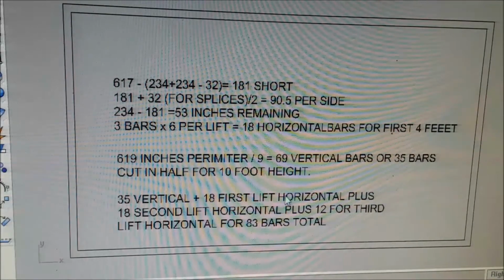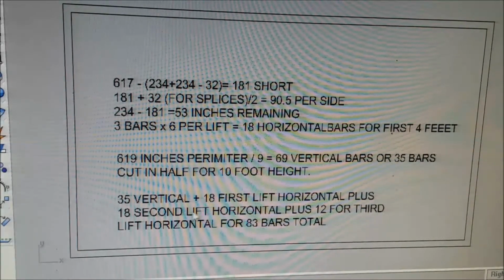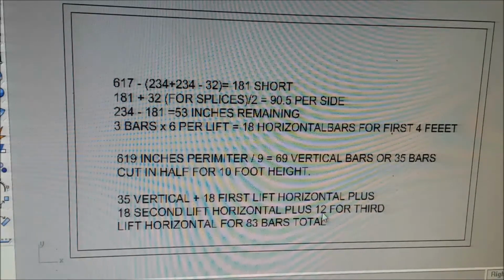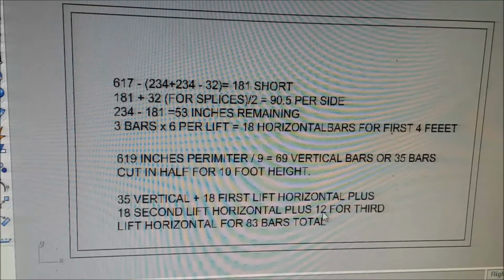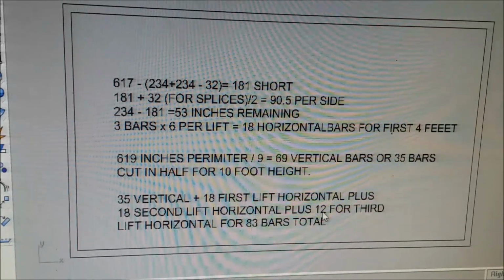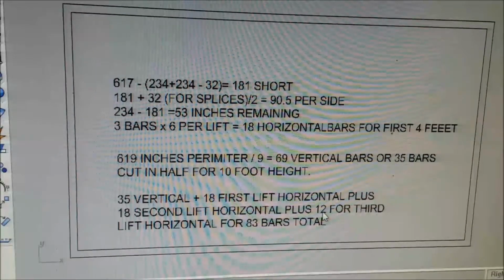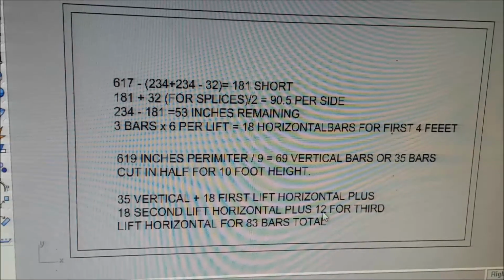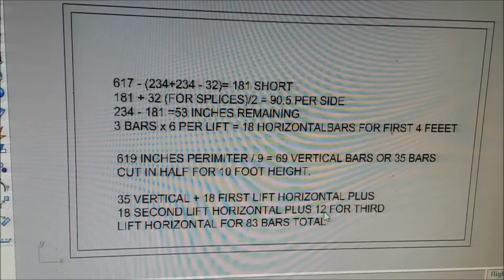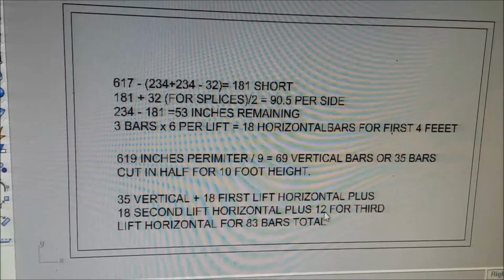horizontal bars. The second lift has another 18, and the third lift is not a full lift. It's not the full 10 feet, because the top of that bar has to stick out of the concrete to either pour another slab for the roof, like a 4-inch slab for the dirty kitchen roof, or if we're going to use a metal roof, don't know yet, then we have to have something we can bend over the angle irons and weld to them to basically attach all that to the concrete.